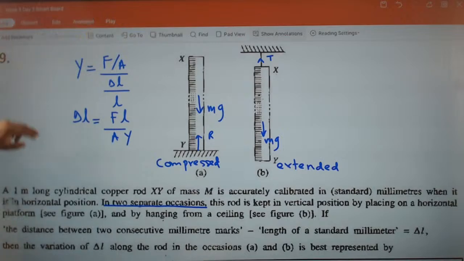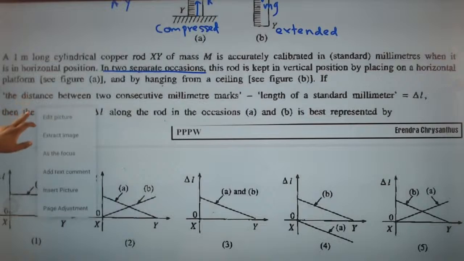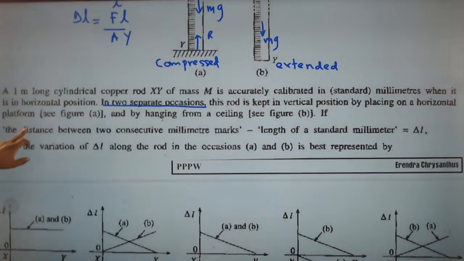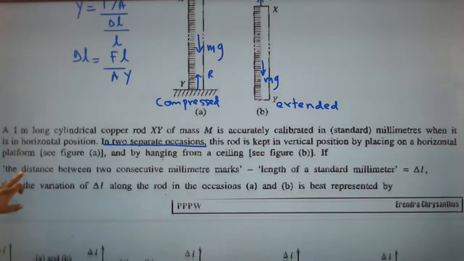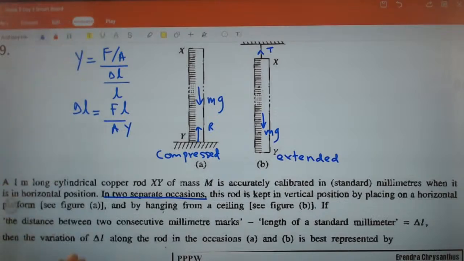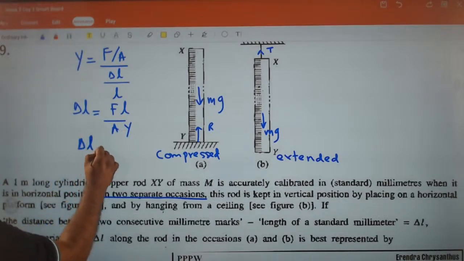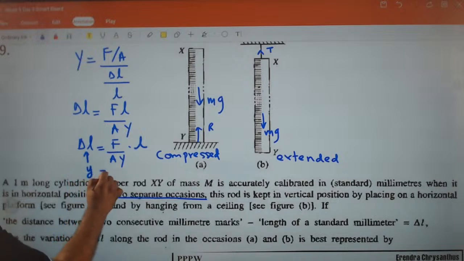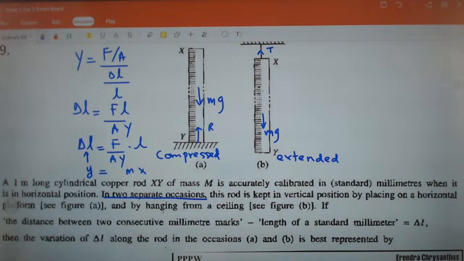So your graph is given between what? Delta L and L along the rod. Here delta L is F over A Young's modulus times L, y is equal to mx. What can you say?